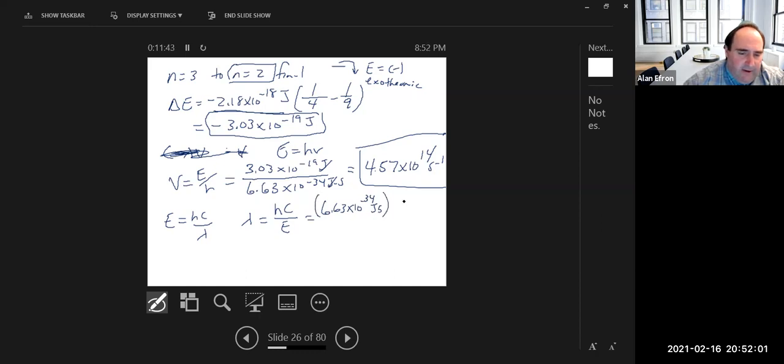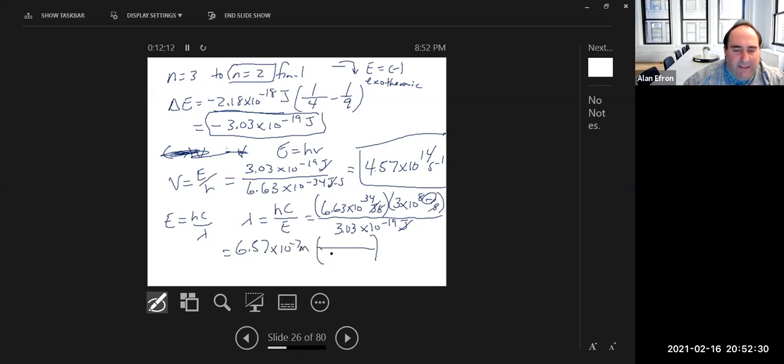Again, that's our h, which is Planck's constant, and our speed of light, also a constant. And in this case, we're using the energy. We're going to make it positive so we don't end up with a negative value. Everything cancels out except for the meters, and we end up with 6.57 times 10 to the minus 7 meters.